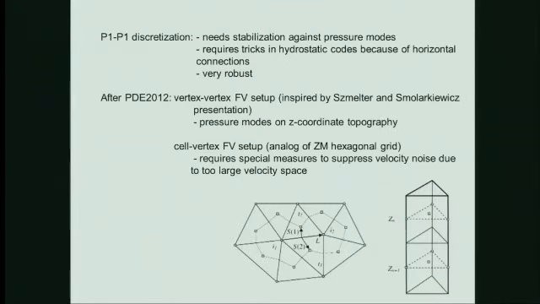We are working on several other codes which exist, and I just experimented with them, and they are much more promising because they are much faster than finite element discretization. But the major motivation is that P1, since it's kind of A grid or collocated grid discretization, still needs stabilization against pressure modes.